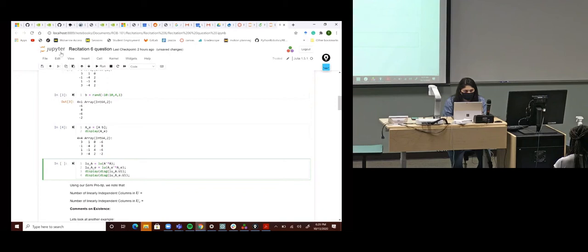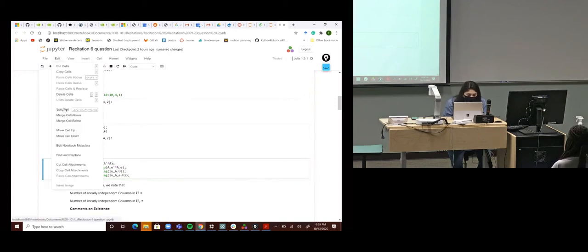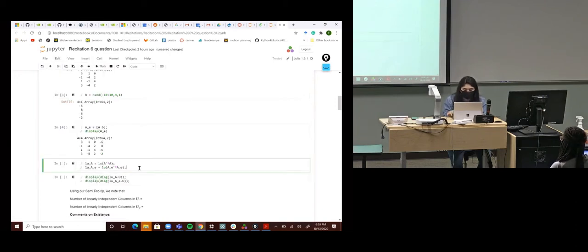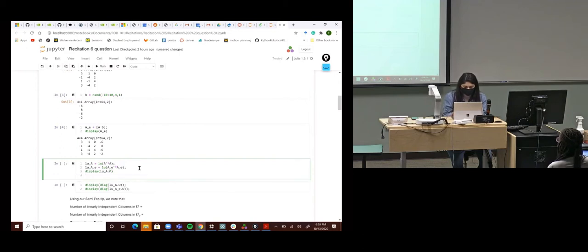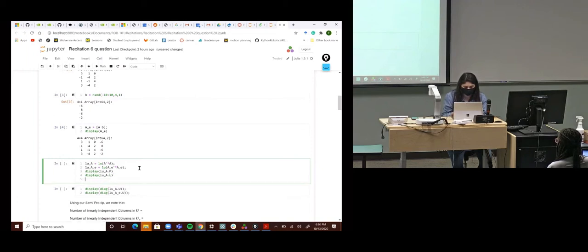I'm going to split the cell again so that we can see what you were talking about. When I say display LUA.P, display LUA.L, and then display LUA.U, you can see all of those matrices, and the dot operator you can use to extract them.